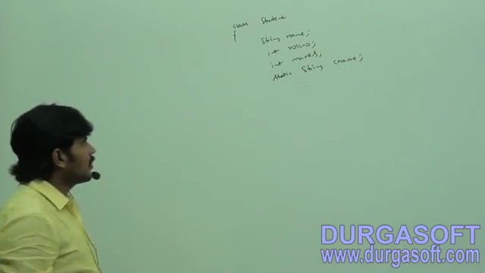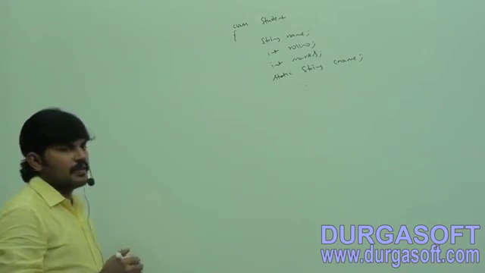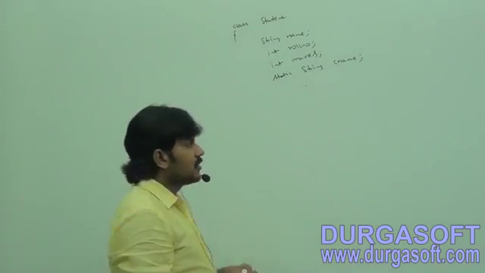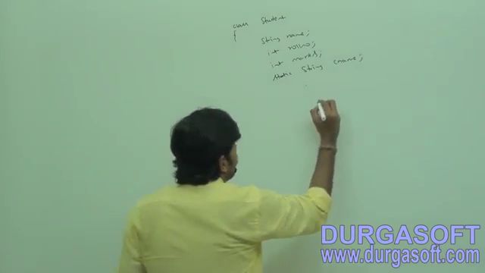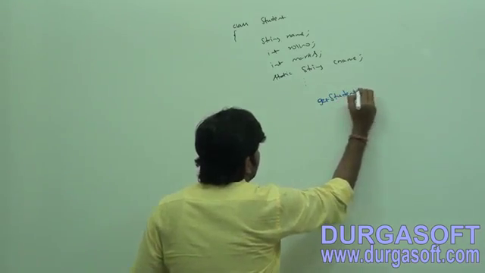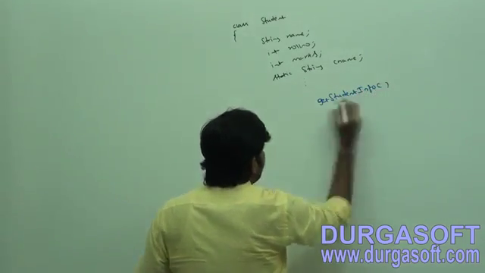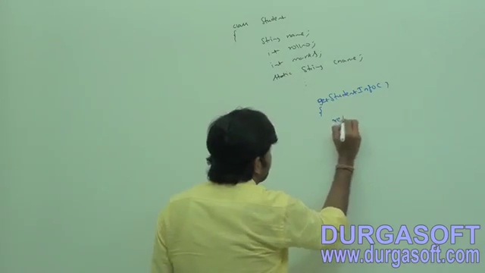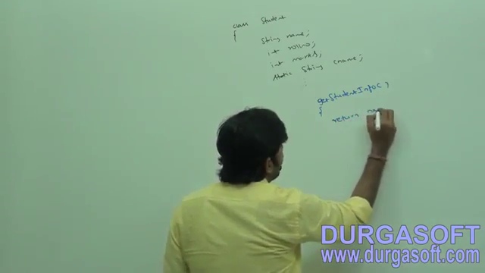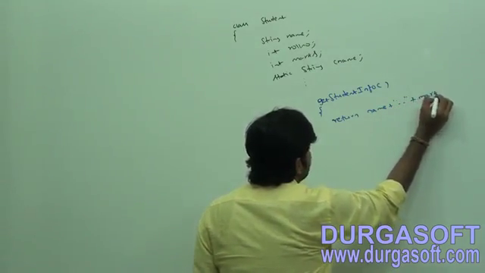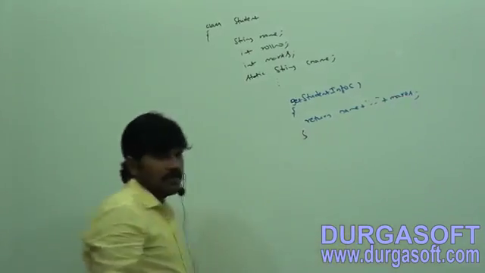Like that, sir, there are several methods and several properties. Now my requirement is, sir, I am taking one method, getStudentInfo. Return name and marks.